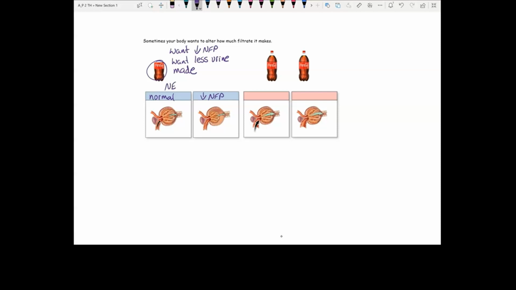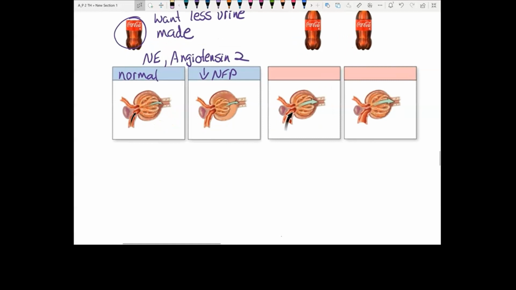Norepinephrine, which is why I used purple for this, or angiotensin 2. So hopefully you remember that hormone from chapter 20. Angiotensin 2 is a hormone that raises blood pressure. So if you have norepinephrine or angiotensin 2, let's look at what it does.